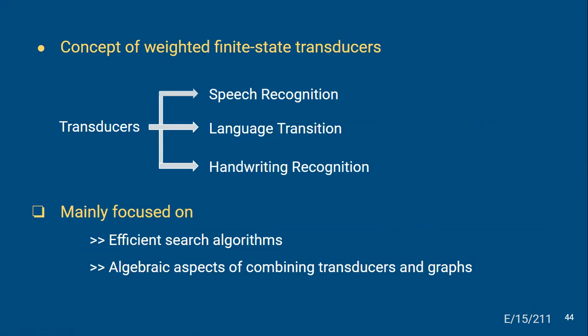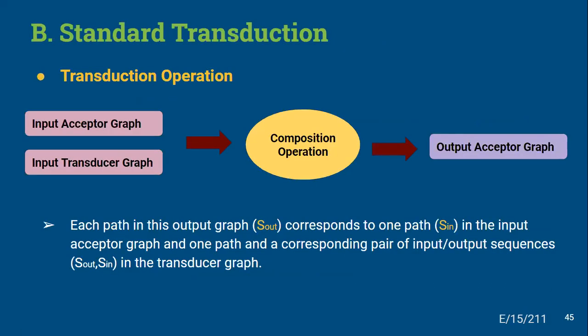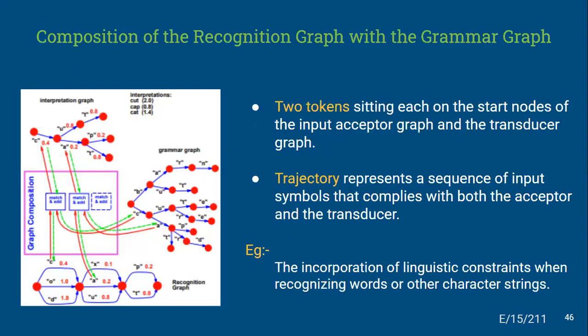In this framework, the transduction operation takes an acceptor graph and a transducer graph as inputs, and as output it builds an output acceptor graph. Each path in this output graph corresponds to one path in the input acceptor graph and one path and a corresponding pair of input and output sequences in the transducer graph.